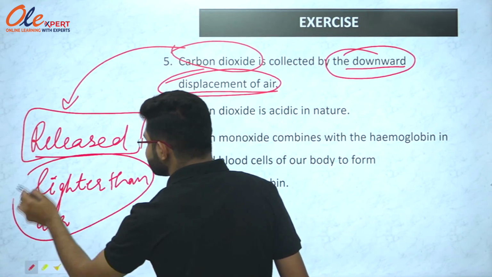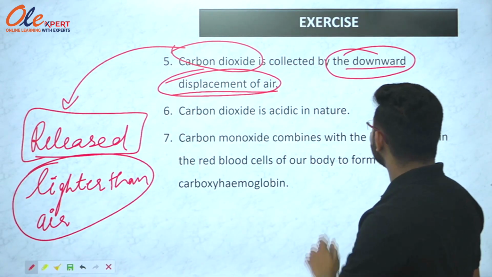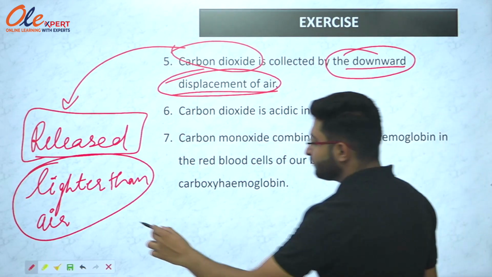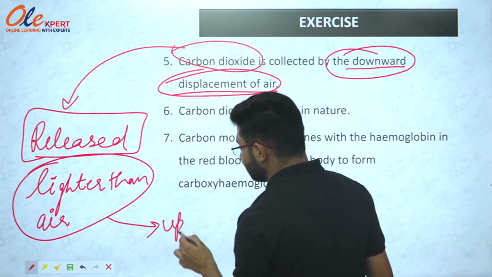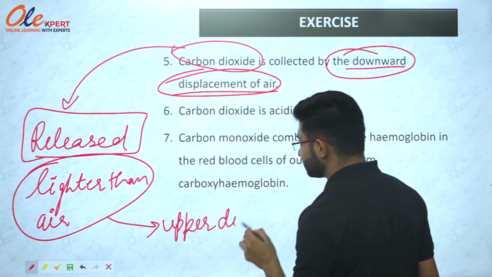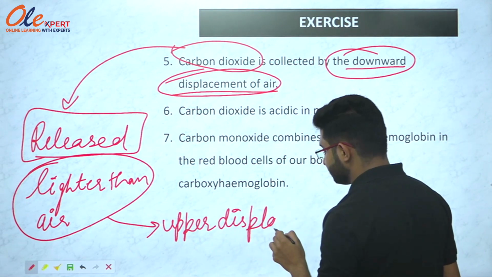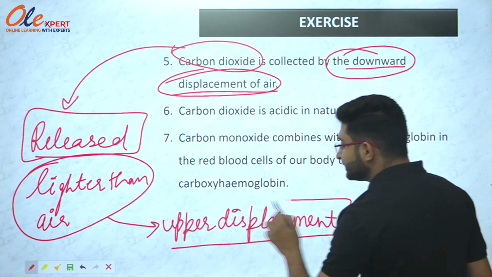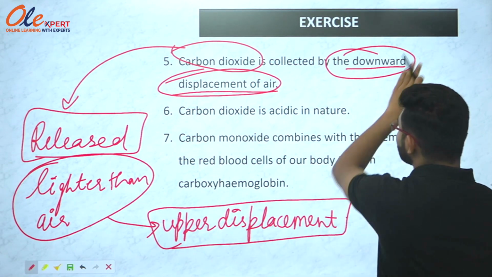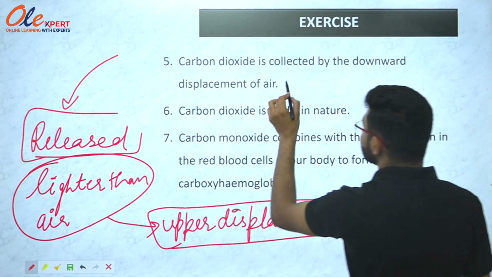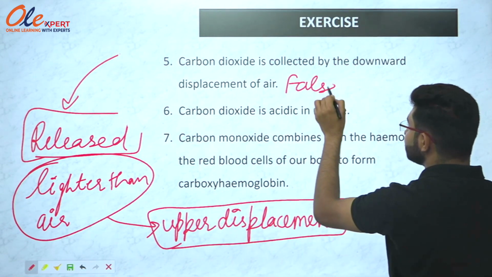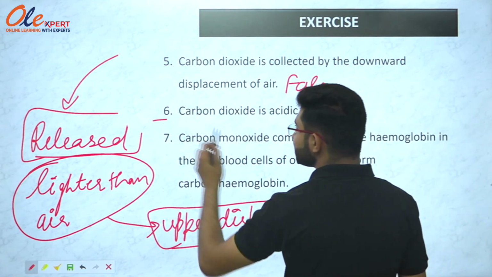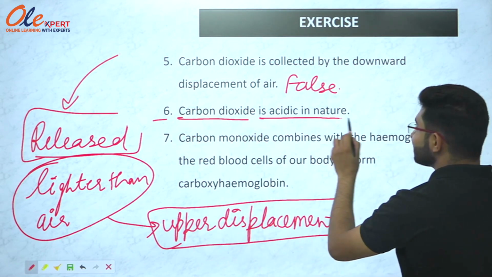So that's why it's not possible to collect it with the help of downward displacement. We use the process of upward displacement. So we can say that this statement is not correct. So you can write false for this statement.